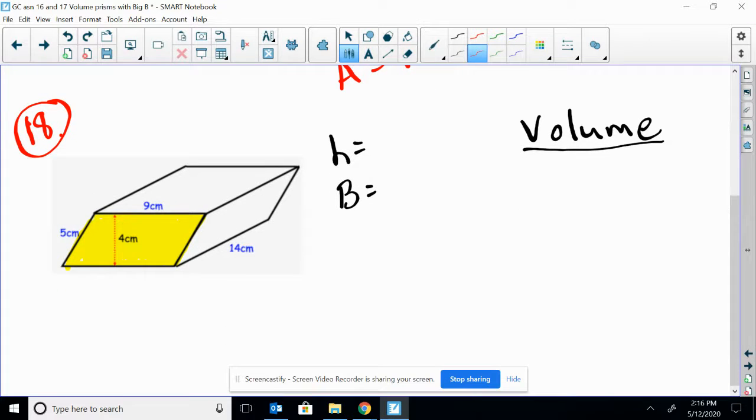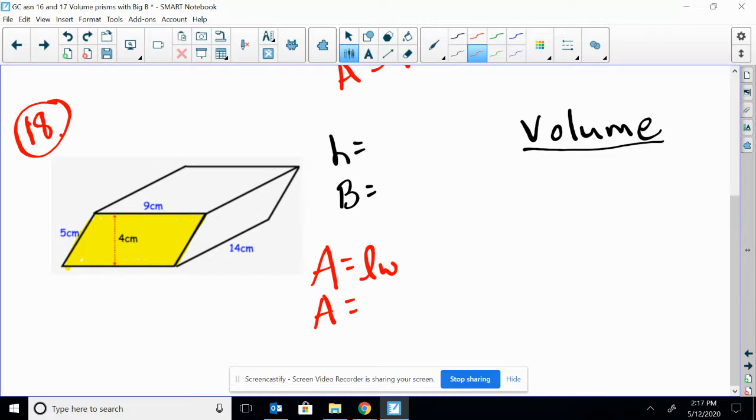All right, now we have a parallelogram, guys. I threw that in there because I wanted to make sure y'all remembered a parallelogram is length times width, just like a rectangle. It's like if you took a cereal box and you opened it up and just squished it over at the top, it's still length times width.